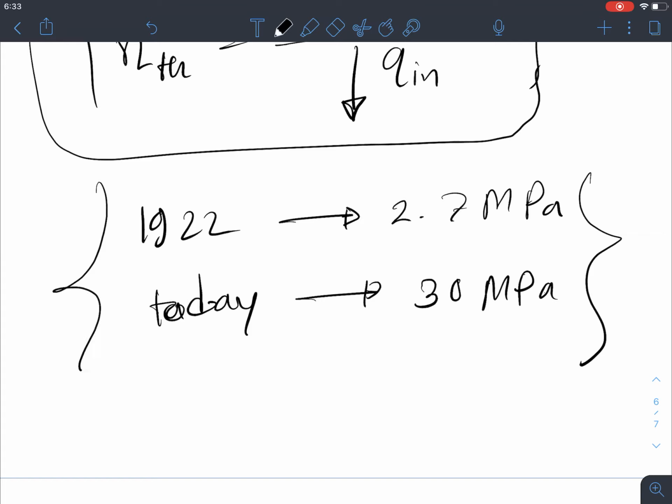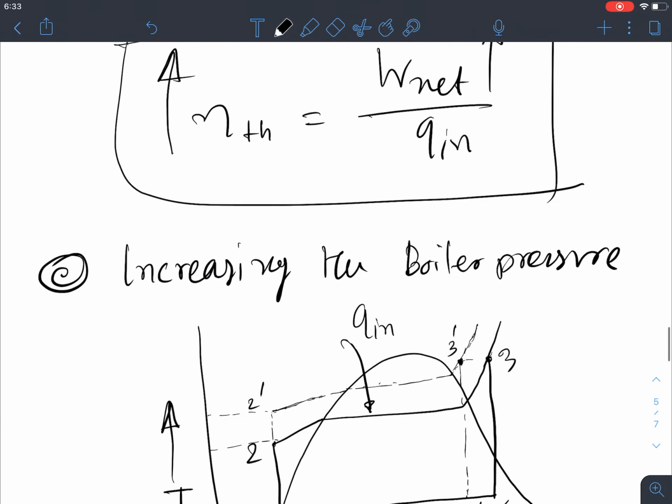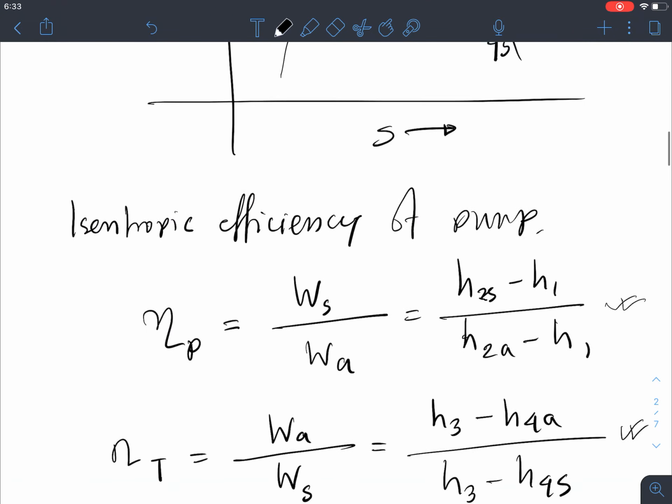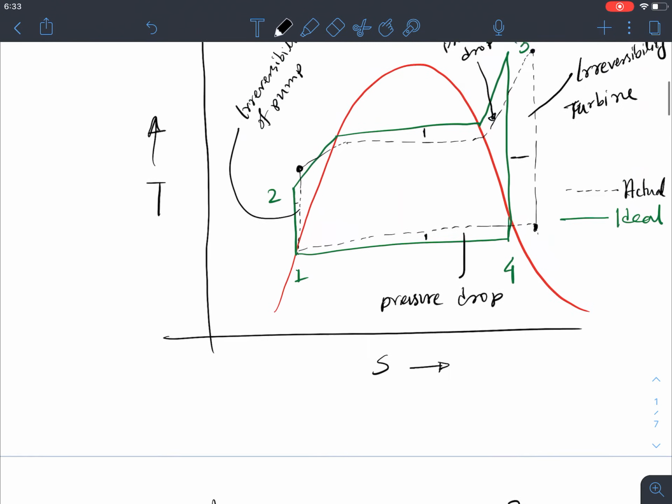So you can see how this technology is evolving. Who knows, maybe 5 years later we'll see this pressure increasing further. So those are the ways to increase the efficiency of the Rankine cycle, or ideal vapor power cycle.